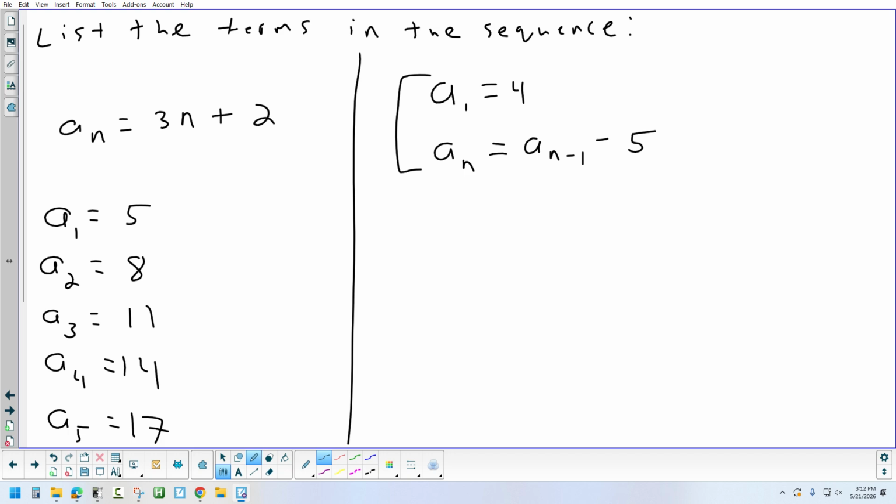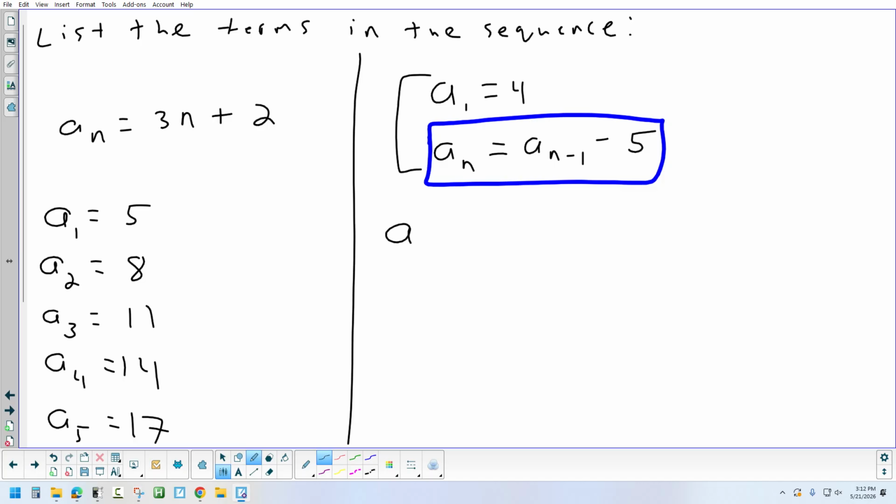You would have to find the 49th term and then all the way back. What is this rule basically telling you to do? If you had to describe that in a sentence to someone, very simply. Yep, take the previous term and subtract 5 from it. Yes, to find the next term, take the one before the one you have and subtract 5.